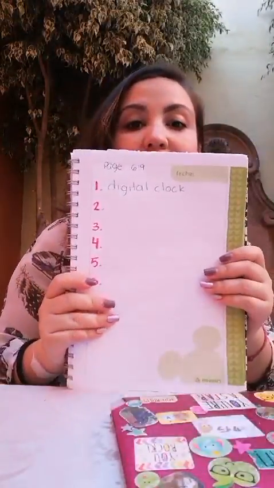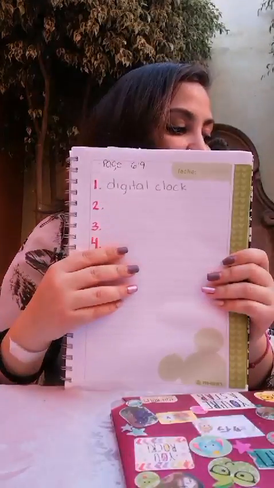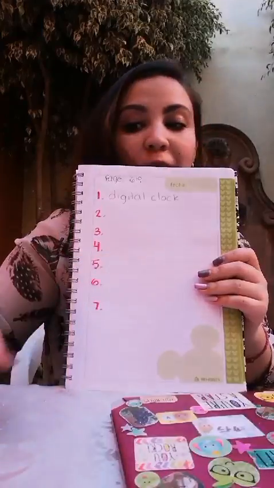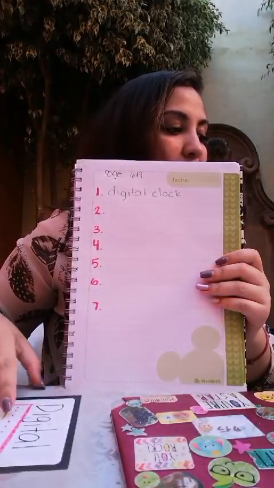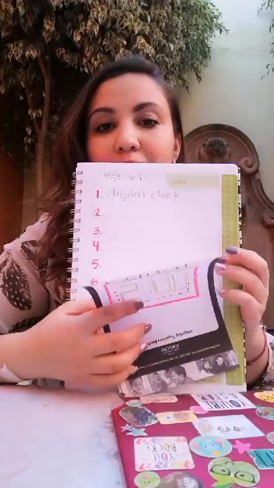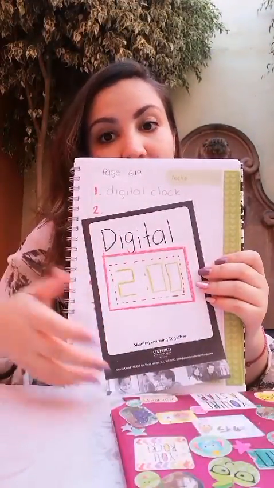Okay, so as you can tell in the number 1, it's digital clock. A digital clock is a type of clock that only uses numbers to show time. It only uses numbers, not hands, nothing else.